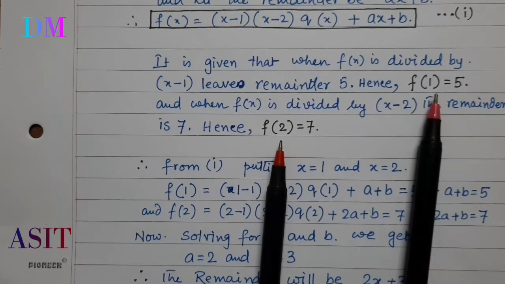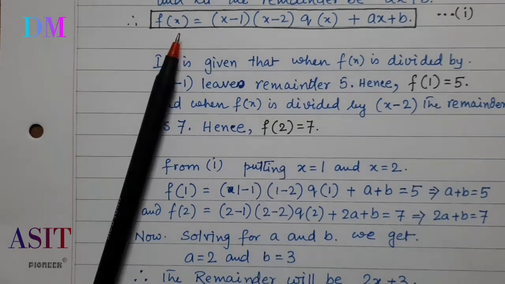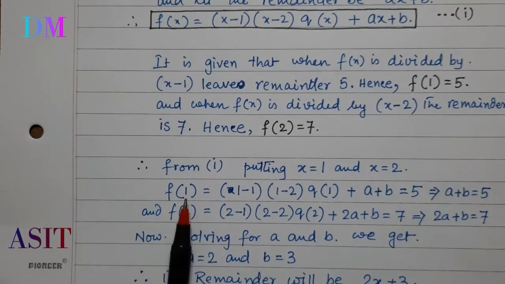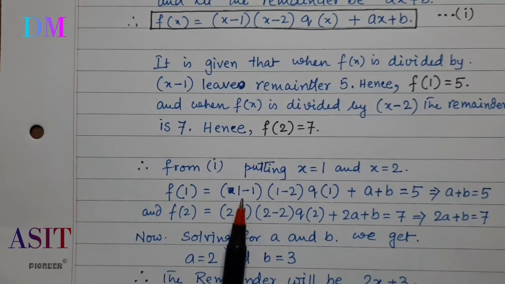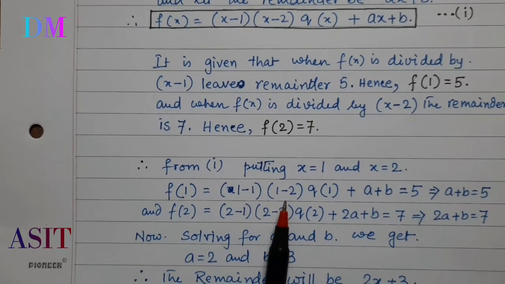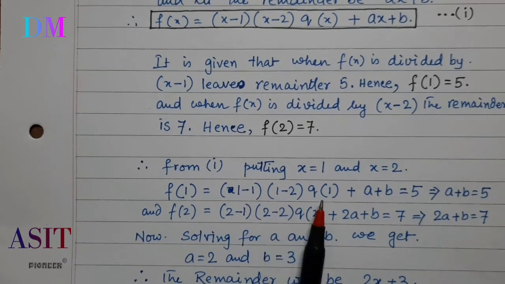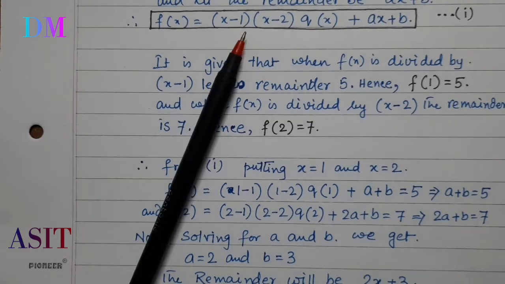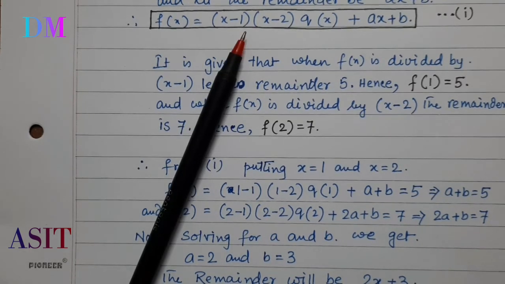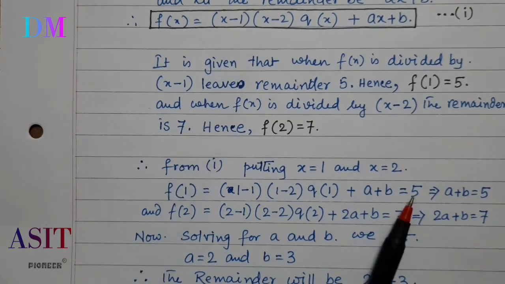Now I am going to apply these two results in this equation. So in that equation, if I put x equals 1, then f(1) will be equal to (1 minus 1) into (1 minus 2) into q(1) plus a into 1 plus b, putting x equals 1 in the right hand side of this equation.